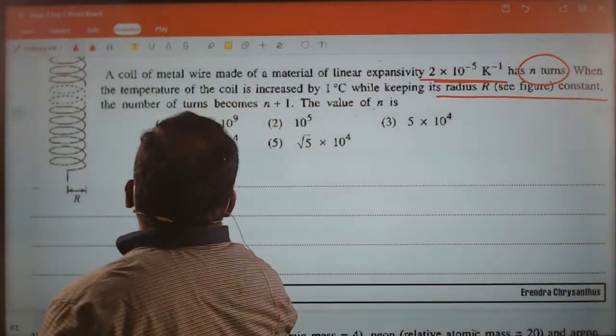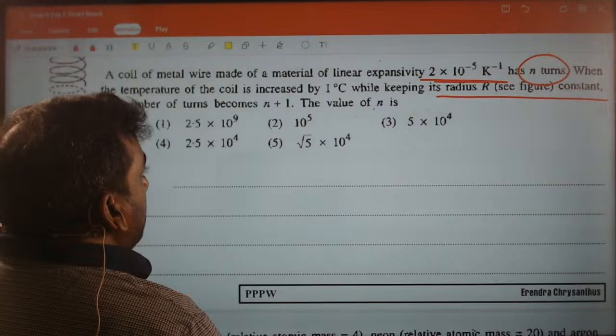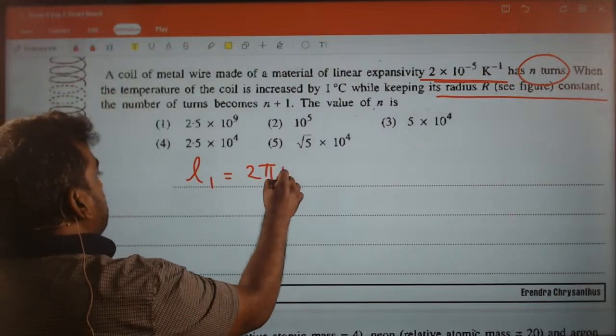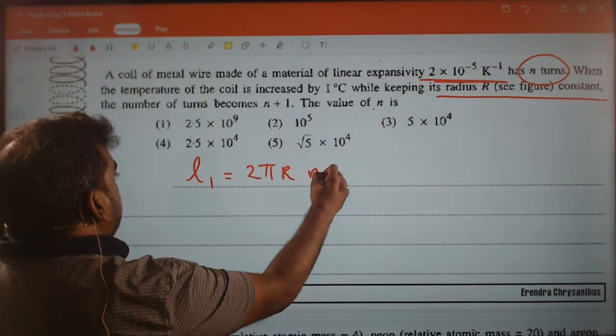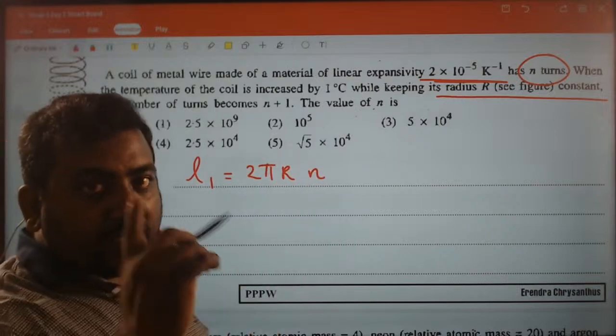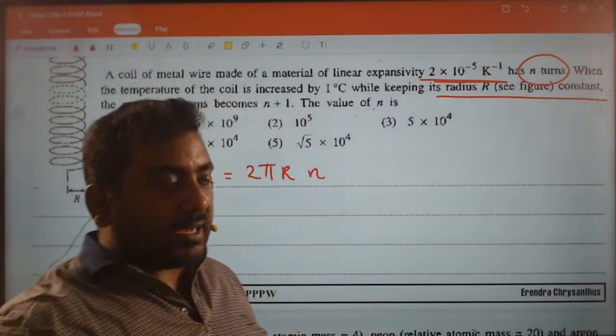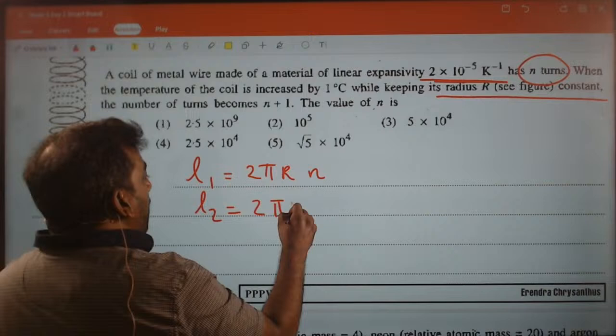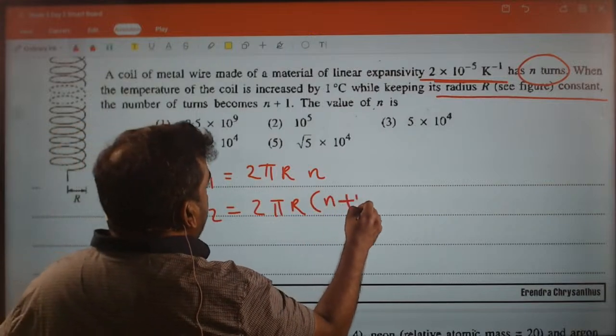The number of turns becomes n plus 1. So you can take the initial length. Initial length is 2πr times n. So one coil is going to be 2πr. Final length is 2πr times n plus 1.